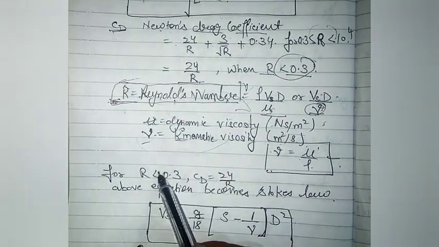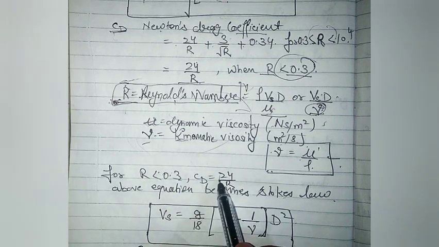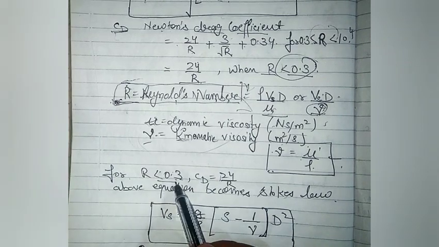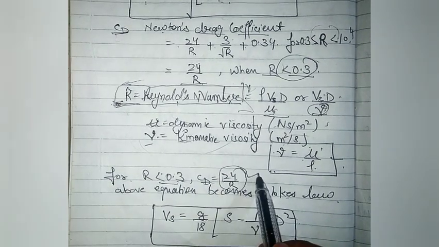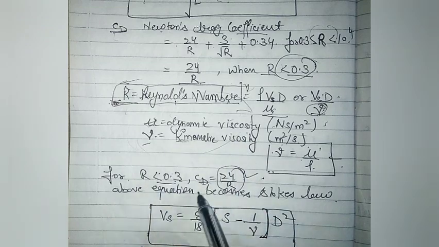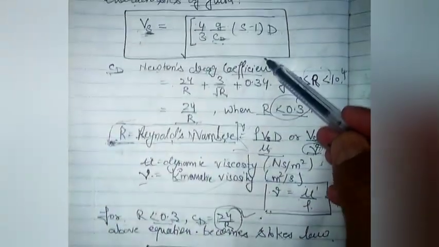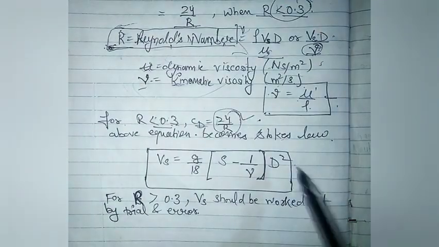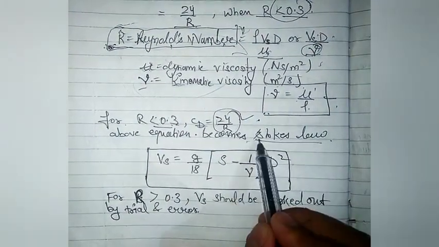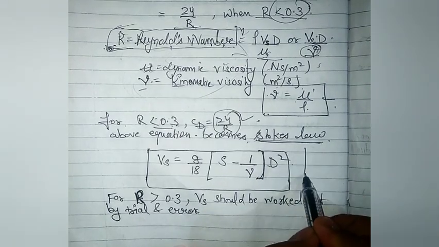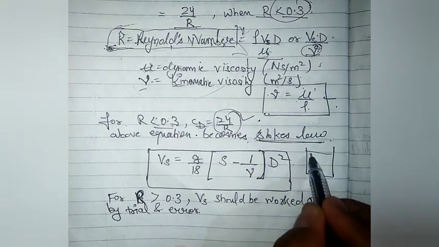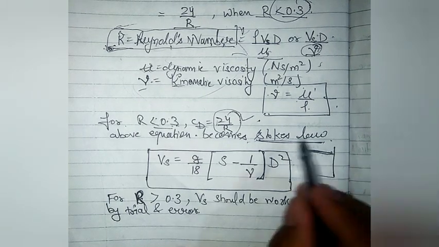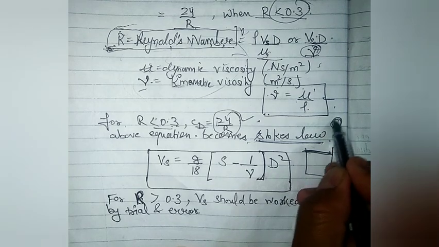Now for Reynolds number less than 0.3, your CD is 24 by R. If we put this in the above equation, then the resulting equation that we get is called Stokes law. So this is the Stokes law. What it says is, generally we take the particle to be spherical in nature.